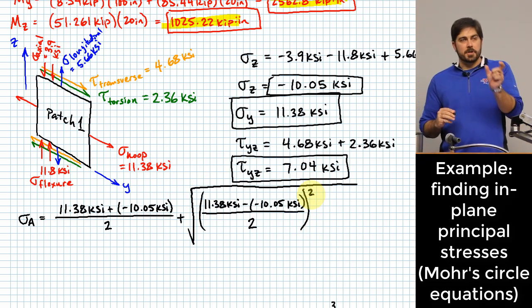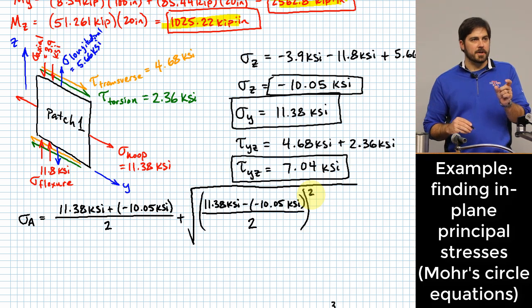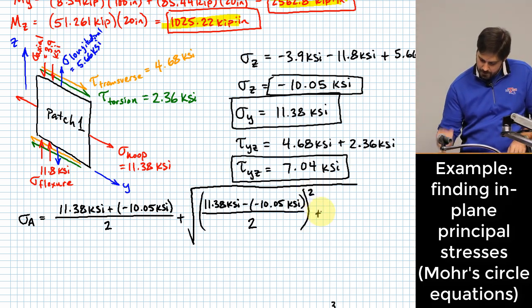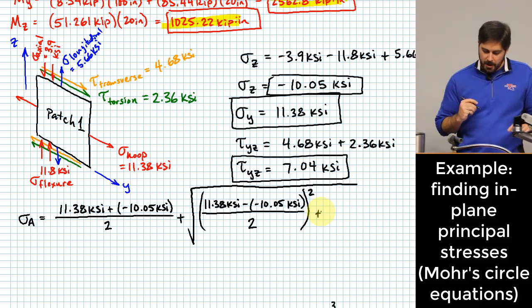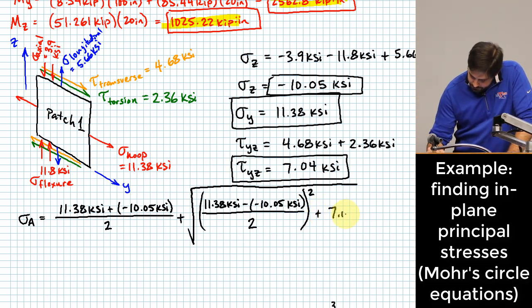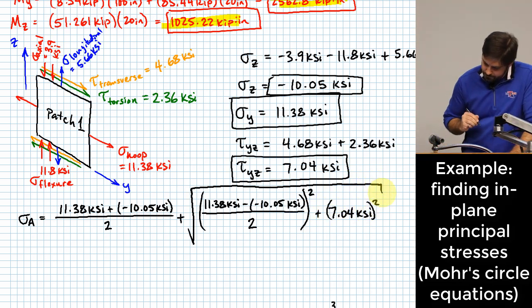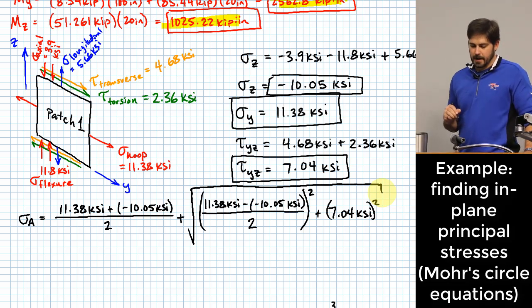And then the next term under the radical is I need to take my shear and square it.